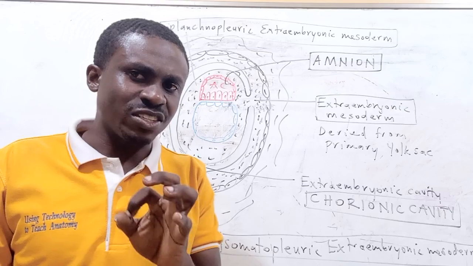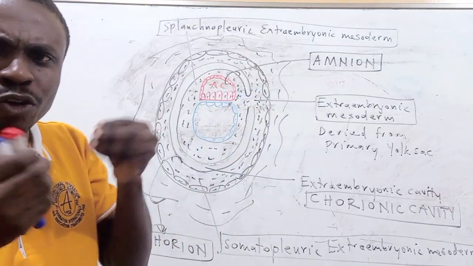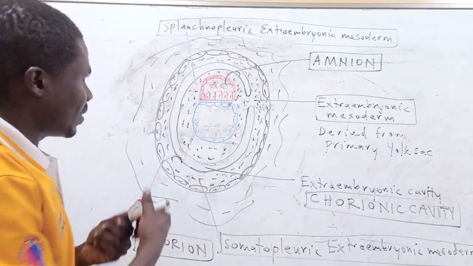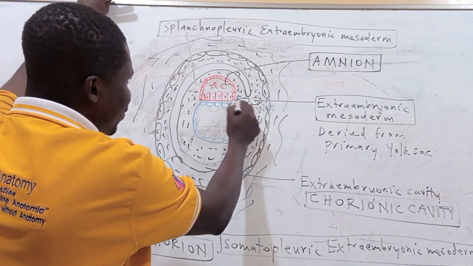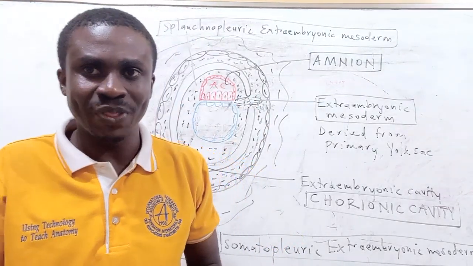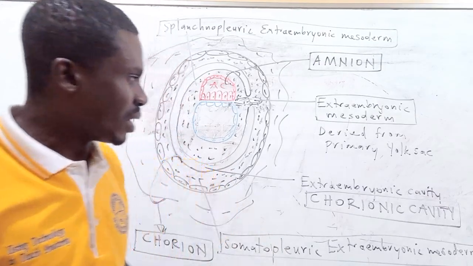Now, if you look at it closely, there's one point where the coelom, all those small cavities, didn't fuse. There was no fusion around this point. Why? Otherwise, the embryoblast would be floating in there. It needs to be suspended in the chorionic cavity.